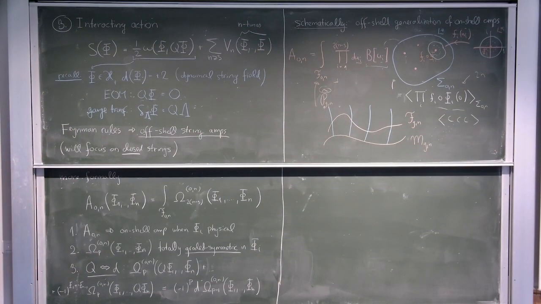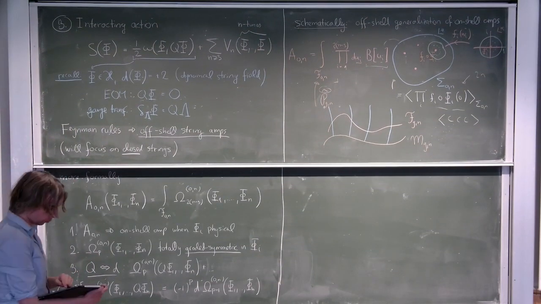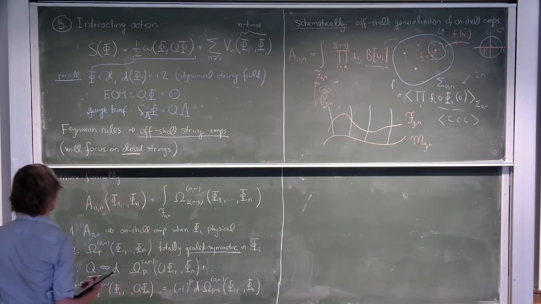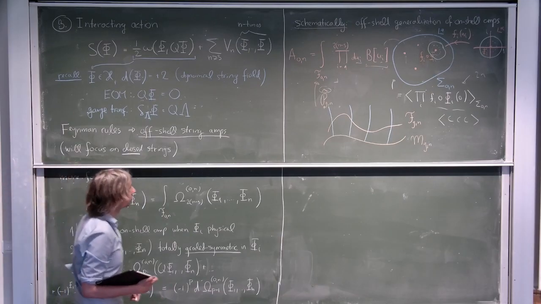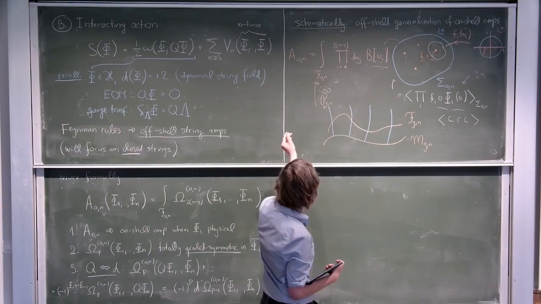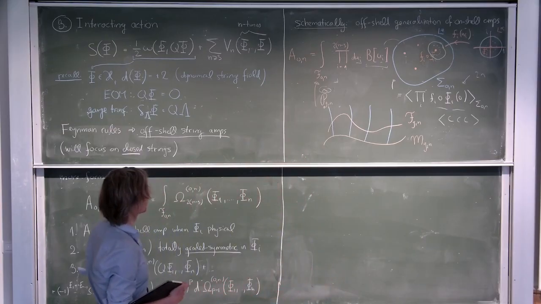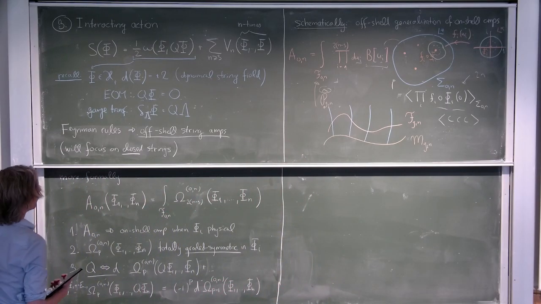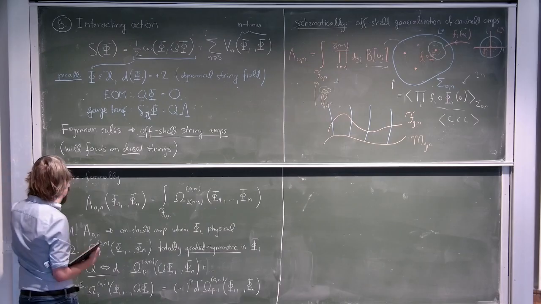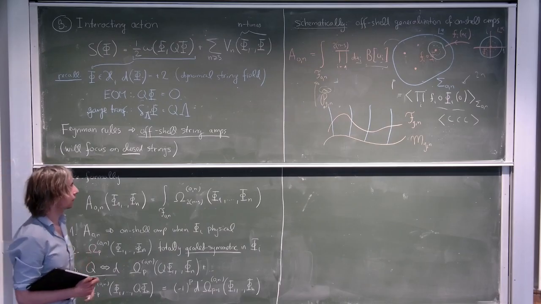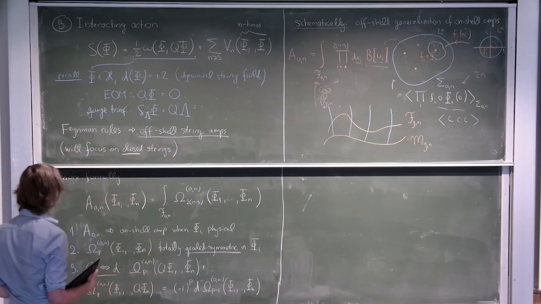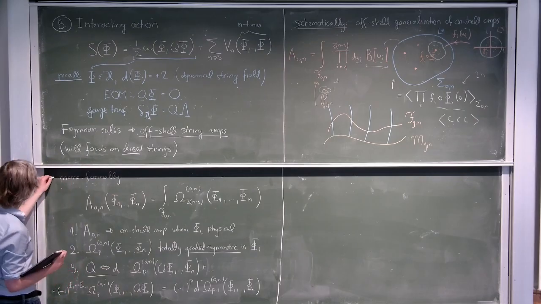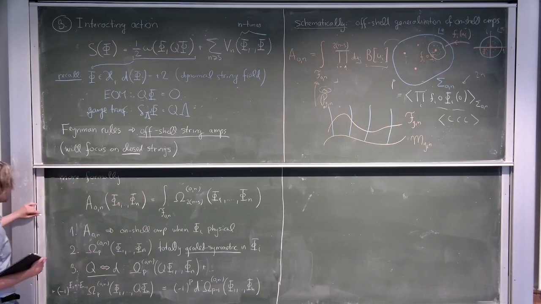Now let me give you a somewhat more formal definition. For instance, I didn't tell you what these B ghost contours as functionals of these coordinates on the moduli space should be. They have to be chosen in precisely such a way that the offshell amplitude satisfies some formal requirements, and these are as follows.